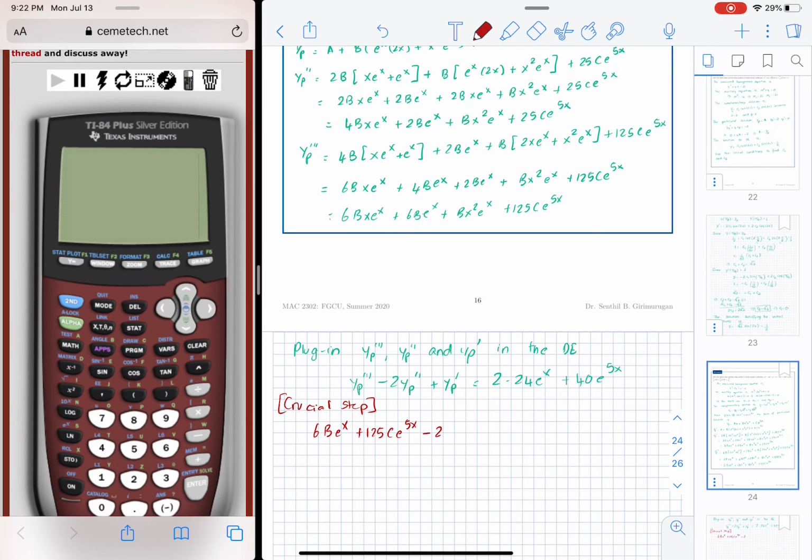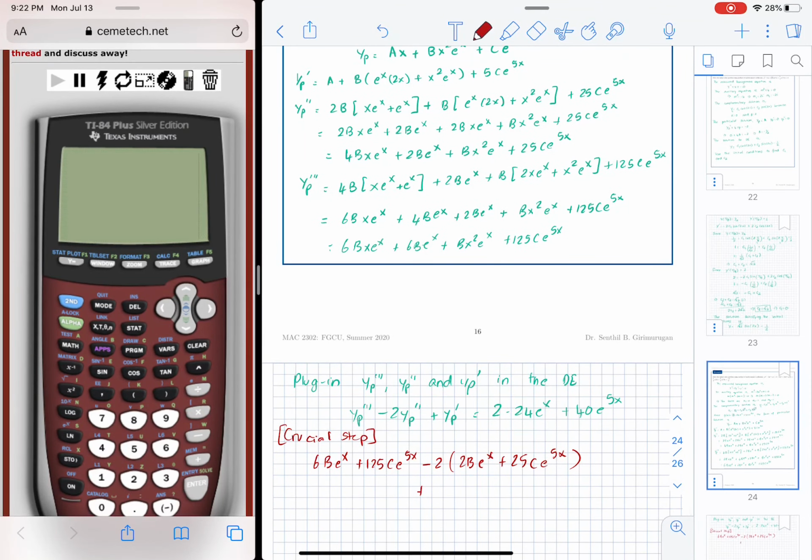With the second derivative, I'm going to pick 2b e raised x and 25c e raised 5x. First derivative, I am going to pick the constant because I need the constant. So a, and that would be it, except for 5c e raised 5x. And that should equal 2 minus 24 e raised x plus 40 e raised 5x.